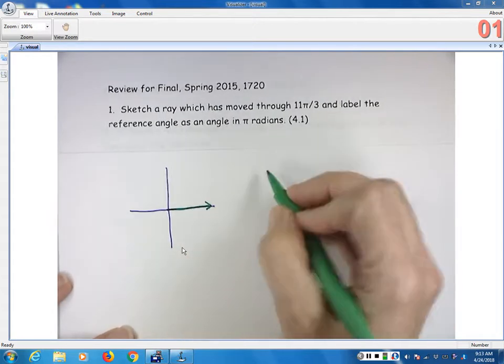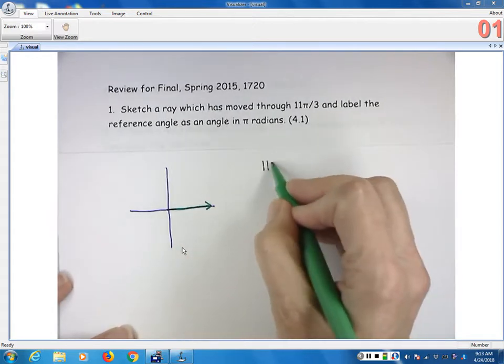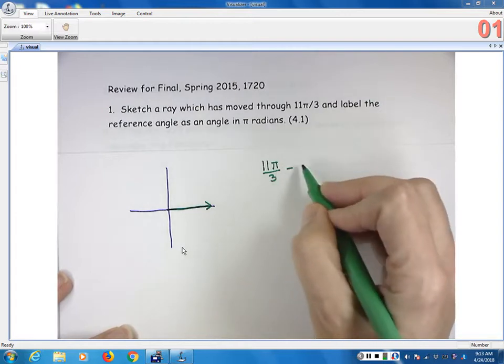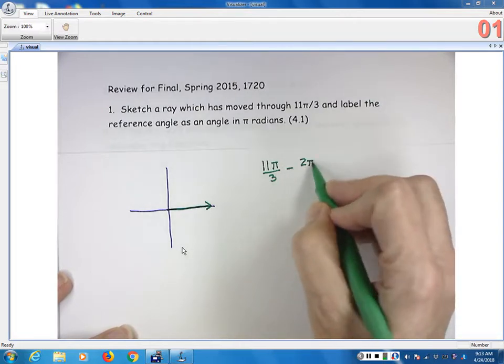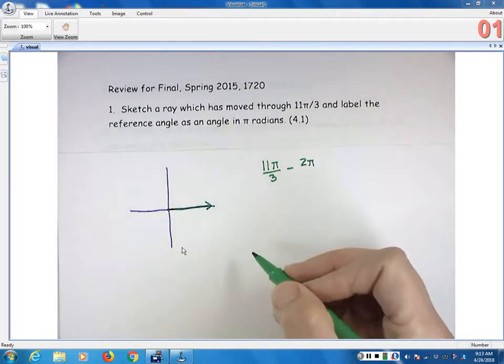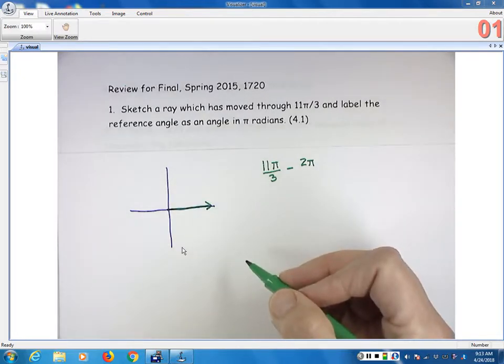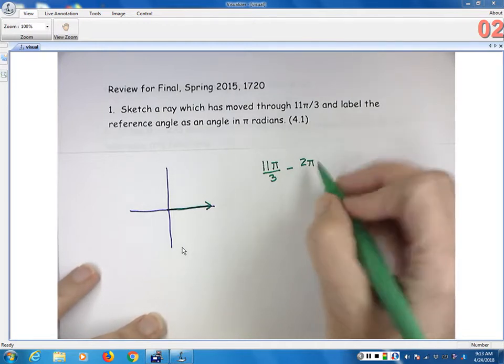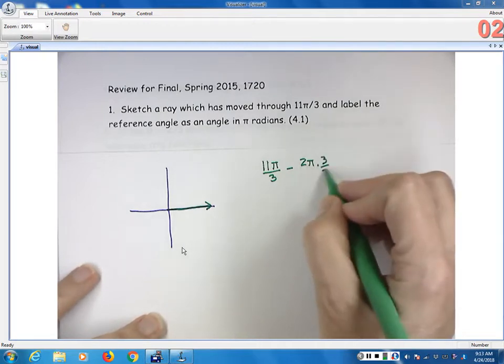You can either take 11 pi divided by 3 and subtract 2 pi, or you can start counting. I actually counted, but let's subtract 2 pi. 2 pi is 6 pi over 3.